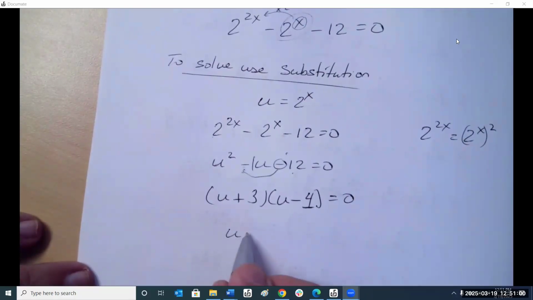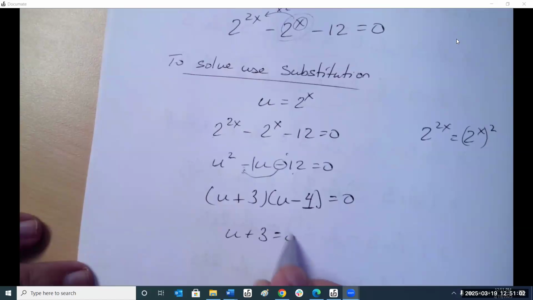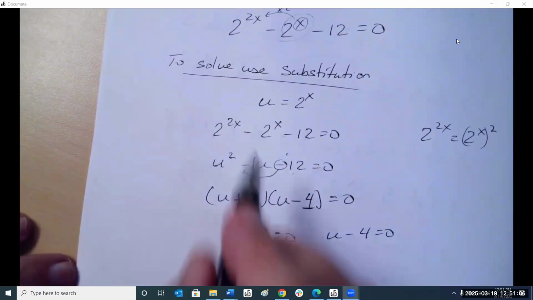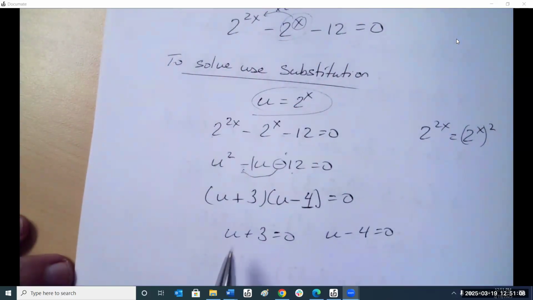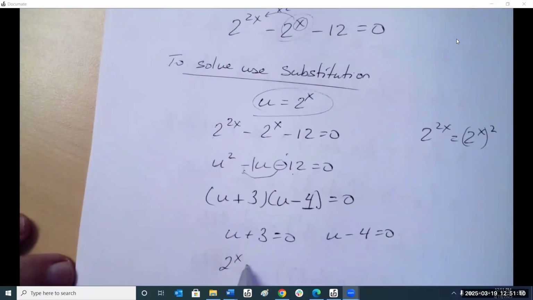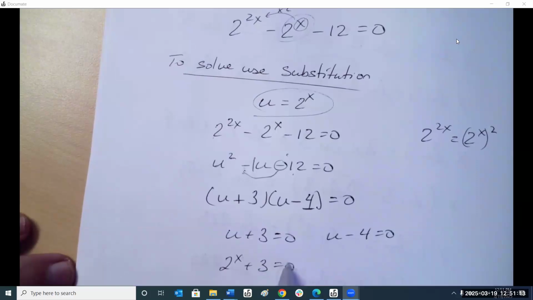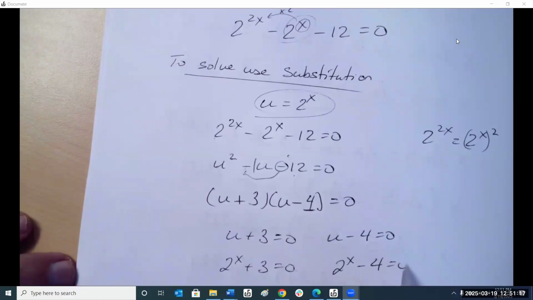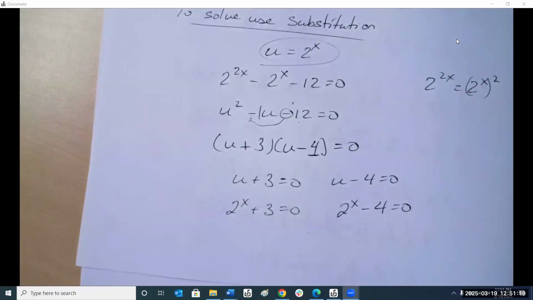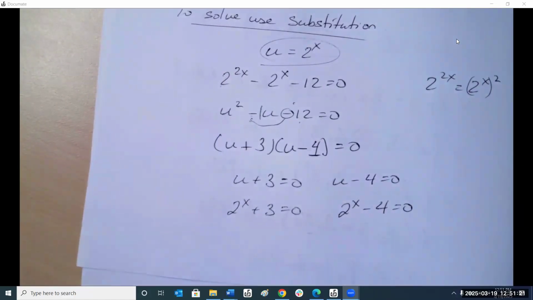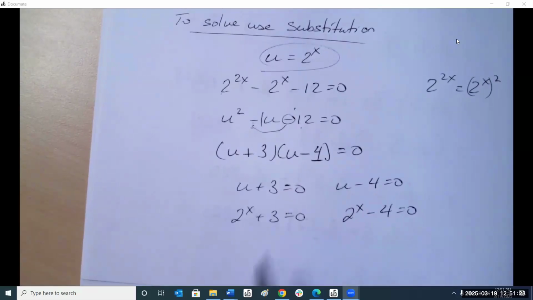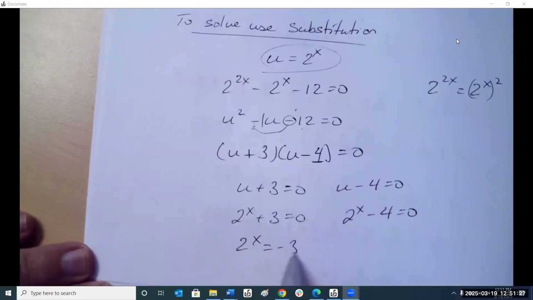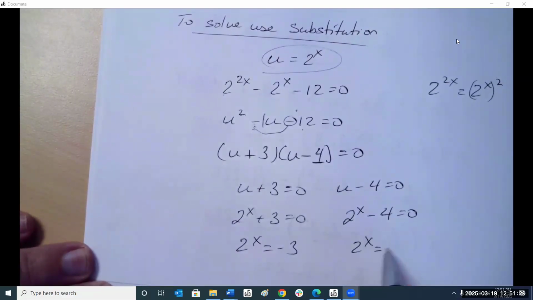So we have u plus 3 equals 0. U minus 4 equals 0. Remember, u is 2 to the power x. So now we solve these like we normally would. So we have 2 to the x equals negative 3, 2 to the x equals 4.